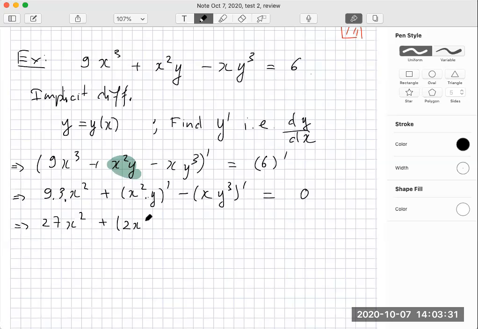Yes, 2x times y, and y prime. Yeah, the product will be the sum of these two, x squared times y prime. Okay? Let us write it in parentheses first. The next term will be negative of, very good.